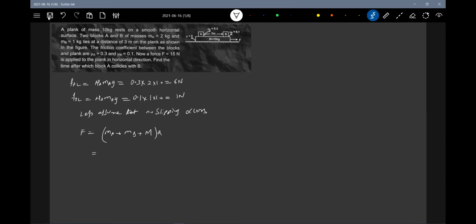What is the applied force? 15 Newton. Mass of the block A, 2 kg. Mass of the block B, 1. Mass of the plank, 10. So the acceleration is 15 by 13 meter per second square.